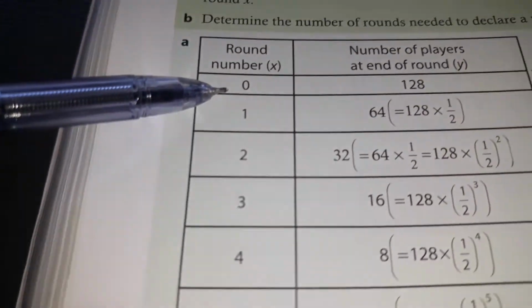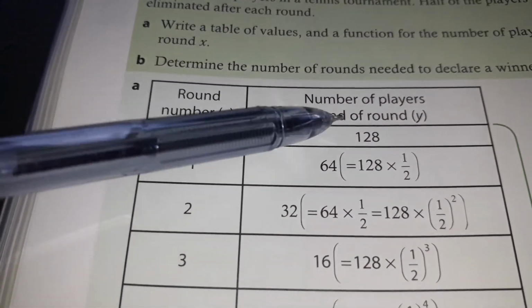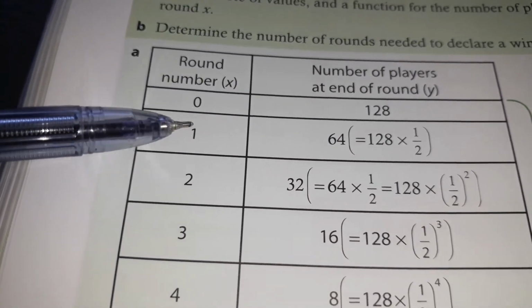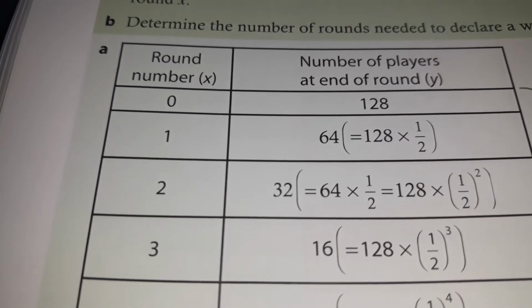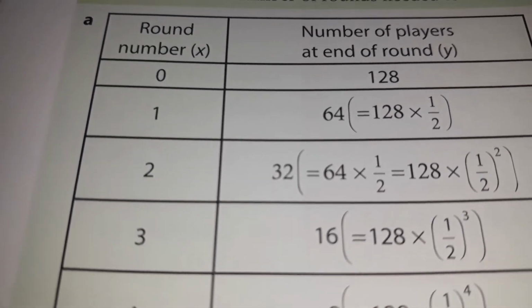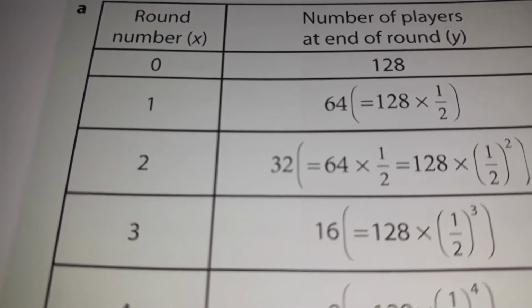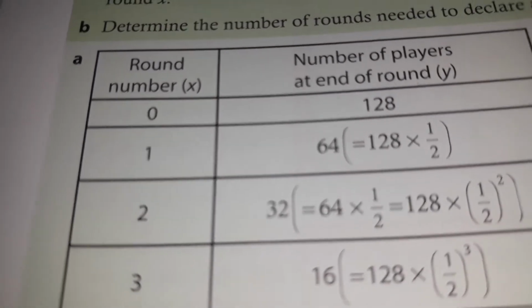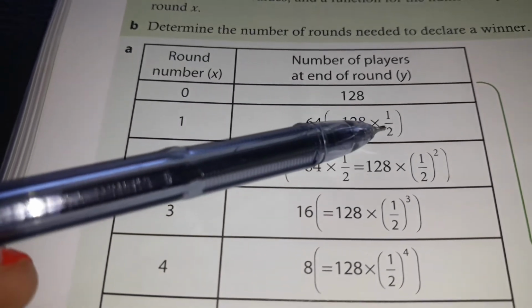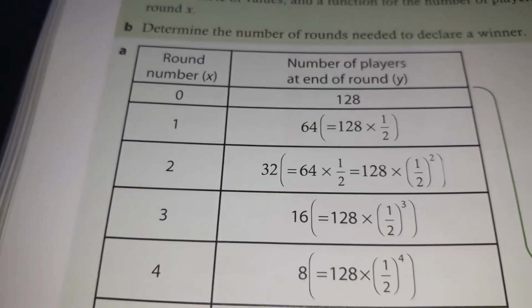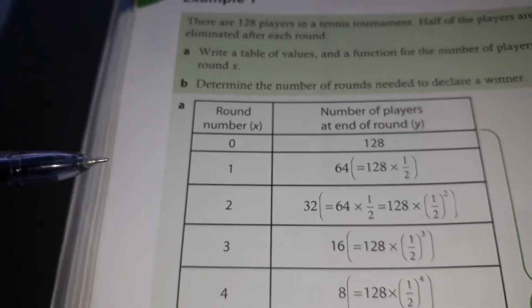Okay, you'll see before any round would happen, we had 128 players. And then half of the players, the main word here is half of the players. That means my decay rate, in this case we can say it's a decay rate because the number is going small, so the decay rate is going to be half, right?